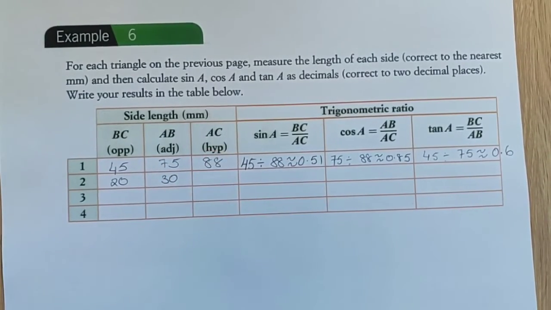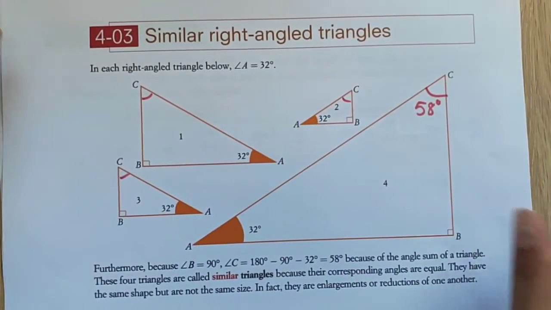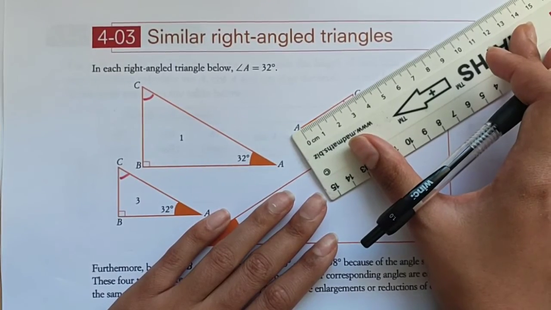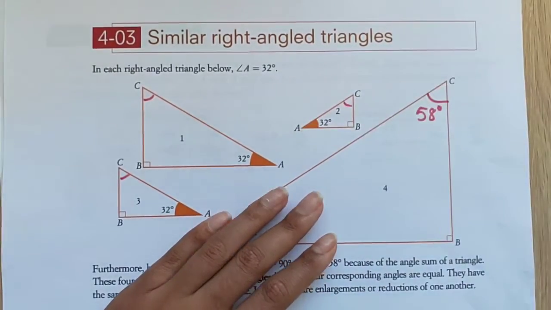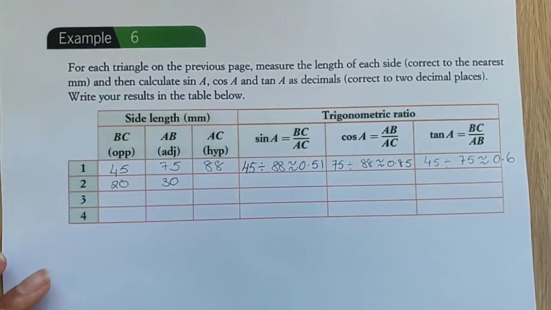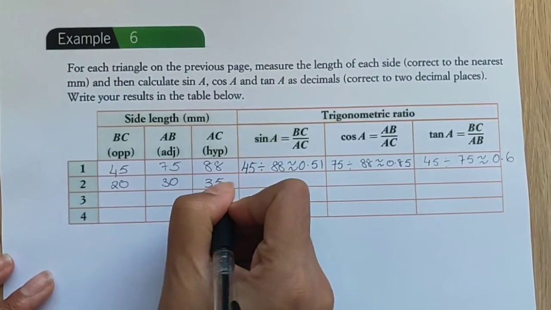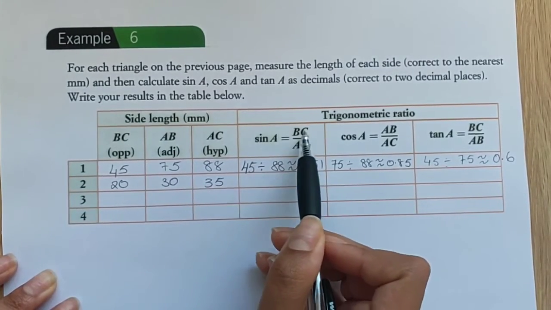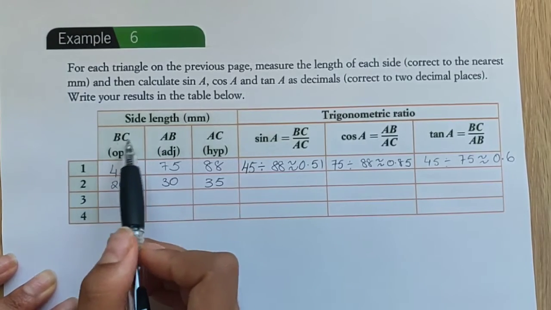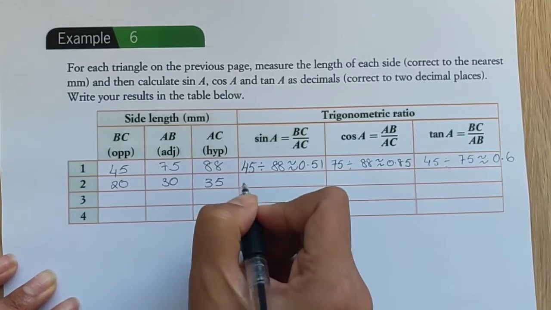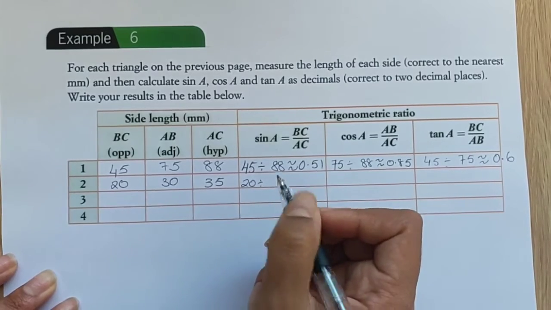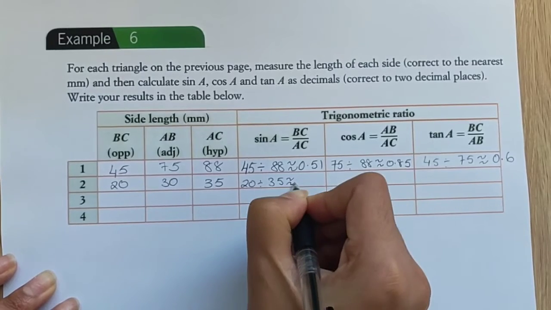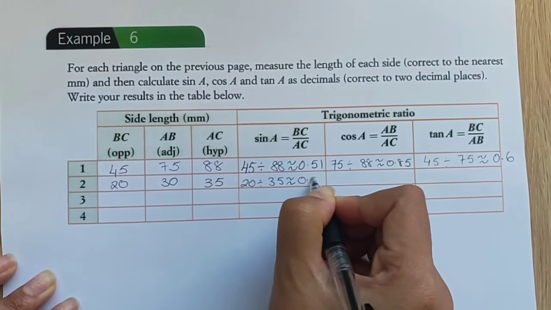Now I'm going to measure the length AC for triangle 2. It's about 3.5 centimeter, which is 35 millimeter. Again, for the second triangle, I'm going to calculate sine A, which is BC over AC. Here BC is 20, so 20 divided by AC, 35, should be approximately 0.57.